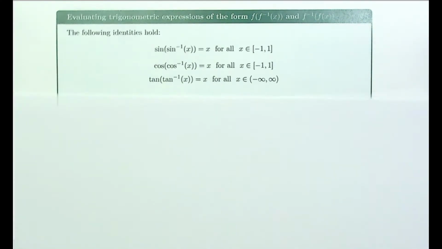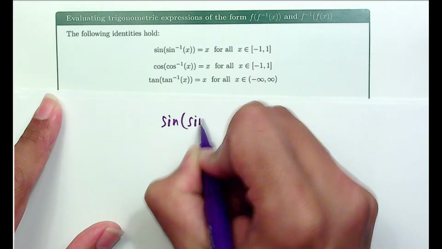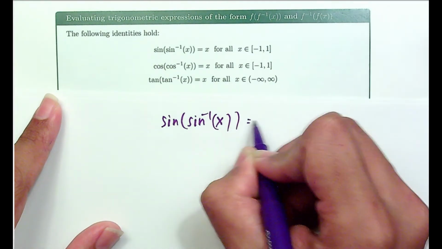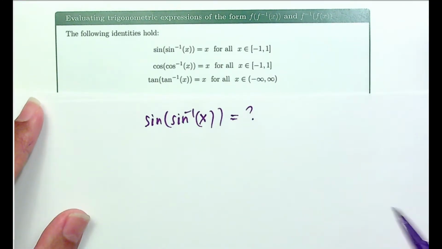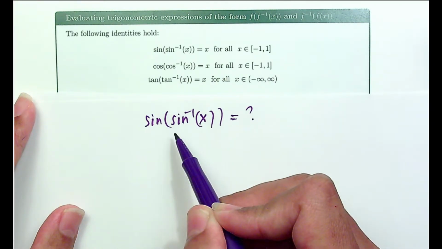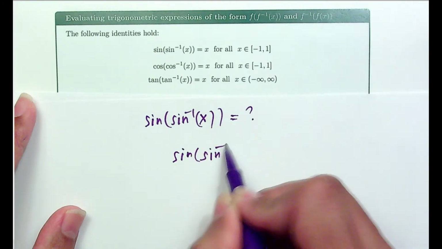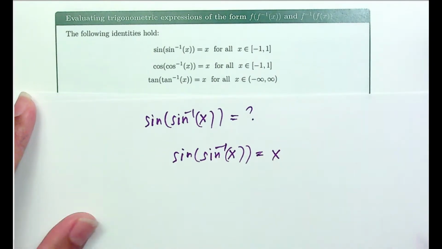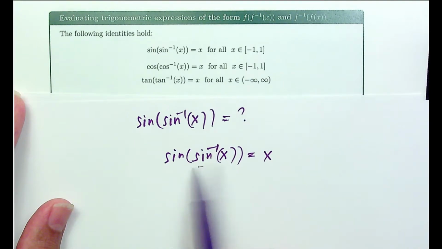So suppose I want to compose sine with its inverse of x. Question is, what is this? Well, under ideal circumstances, a function and its inverse cancel each other off, and we would just get back x. That's under ideal circumstances. And the ideal circumstances is whenever this makes sense.